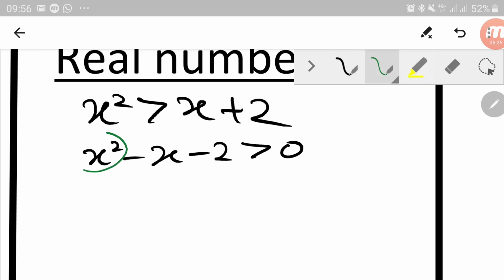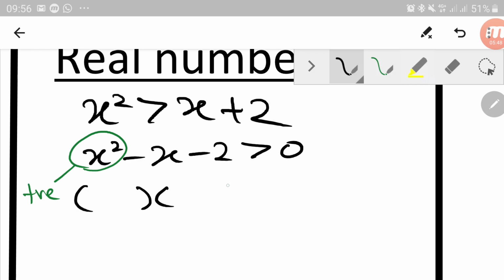Second, we need to make sure x squared is positive. If it's not, then we have to multiply. Beware, when you multiply by -1 or divide by -1, the sign over here will change. But in this case, the sign will not change, because we are not multiplying anything by -1.